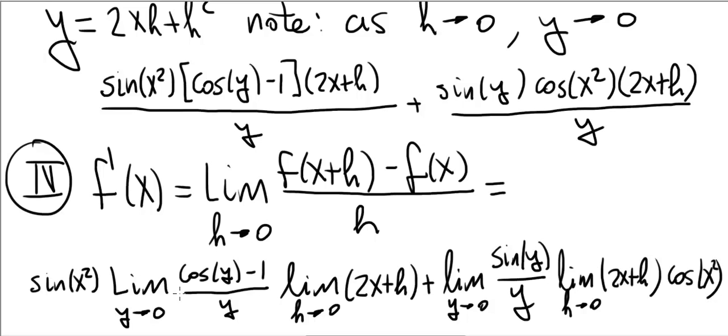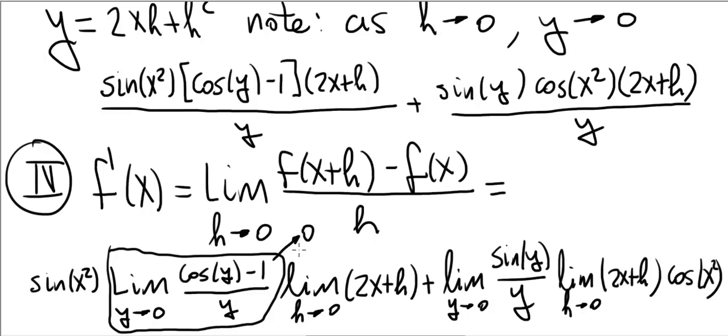Let's recall right here, that's result number 3. The limit as y goes to 0 of cosine y minus 1 over y is 0, so the whole first part is going to be 0.